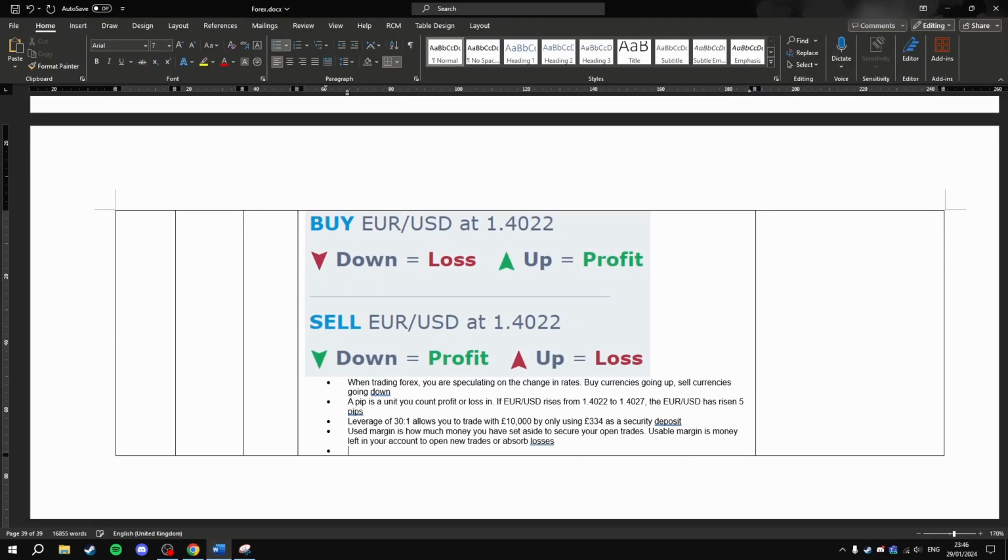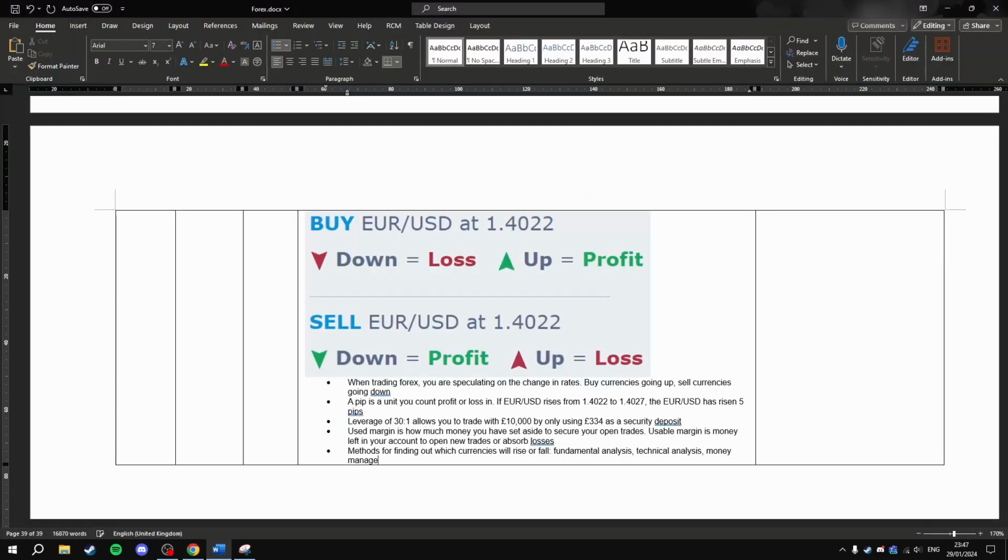Methods for finding out which currencies will rise or fall: fundamental analysis, technical analysis, money management.